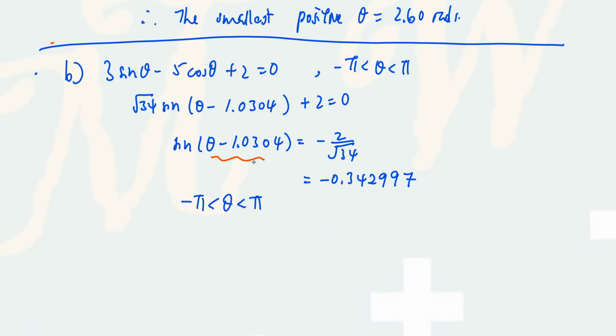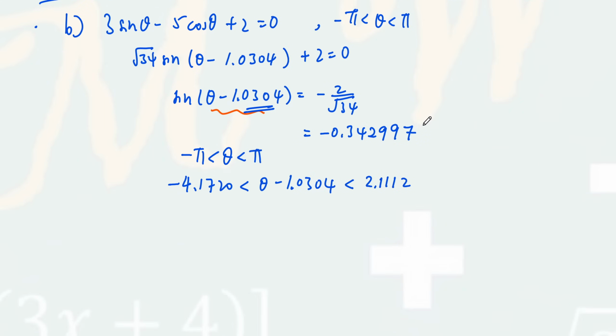So I will subtract 1.0304 from the whole inequality. Therefore, this is going to be negative 4.1720, which is minus pi minus 1.0304. And the last term should be pi minus 1.0304, which is 2.1112.